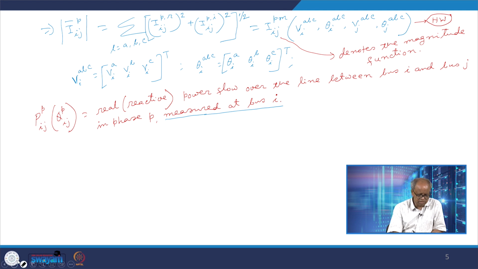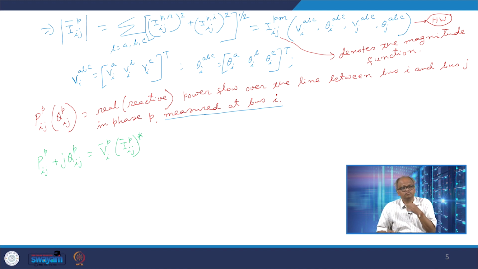With this expression I can say that my Pijp plus j Qijp, please note this j denotes the complex operator, would be V into I star. Because it is measured at bus I, it would be VIP into Iijp star.